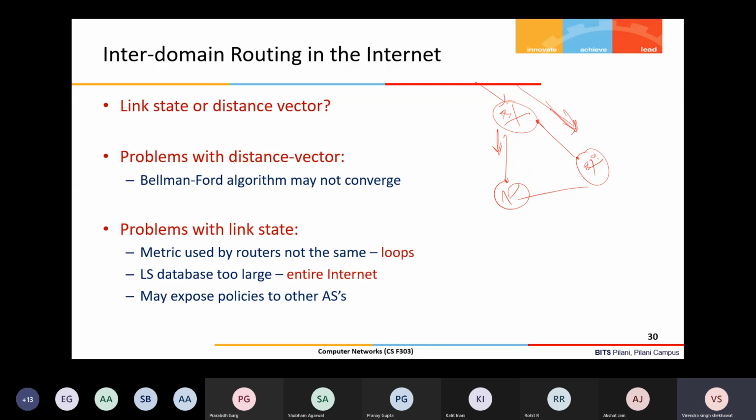So now the question is, why are we looking for anything new? Can we use link state or distance vector, which are already there and which have been used in intra-domain? So now we'll take it one by one. With link state, globally you see there's a huge topology, so many autonomous systems are there.